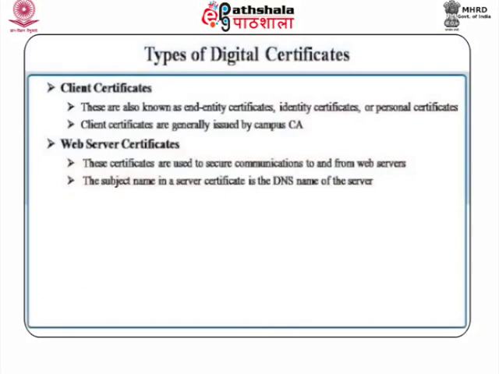The client certificates are also known as end entity certificates, identity certificates, or personal certificates. Client certificates are generally issued by the campus CA. Web server certificates are the certificates used to secure communications to and from web servers. The subject name in a web server certificate is the DNS name of the server.